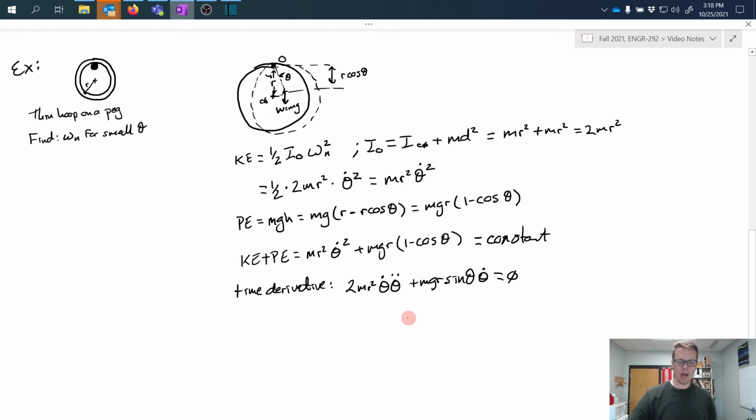So I've got some common terms in here. I have an m, an r, and a theta dot that are all common to both terms. So I'm going to pull those out, mr theta dot. And what's left is 2r theta double dot plus g sine theta.